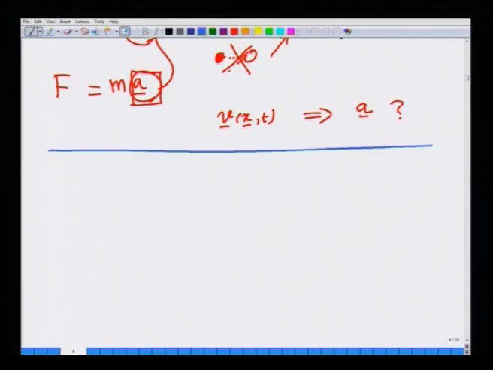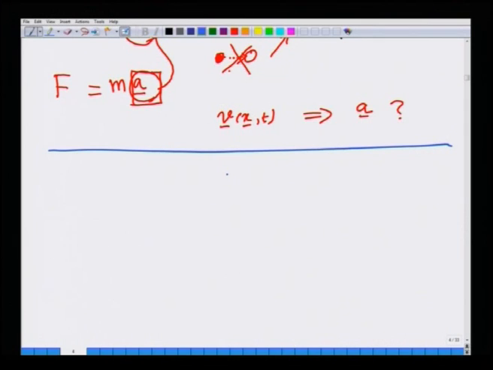So, instead of doing this for acceleration, I am going to illustrate this for a derivative like temperature. That is, the question is, given the spatial or Eulerian description of temperature, how do I compute the partial derivative with respect to t as I follow a particle?